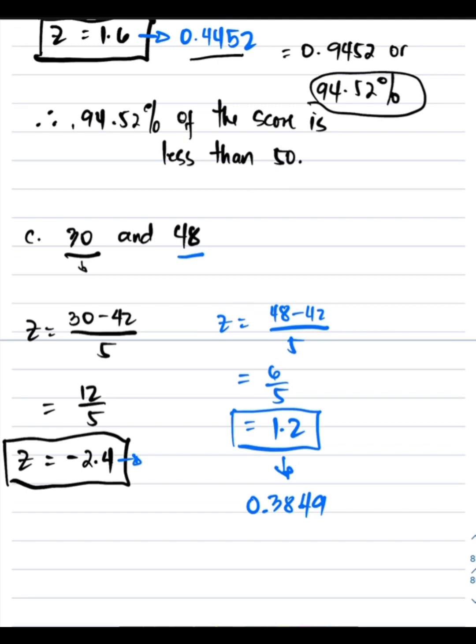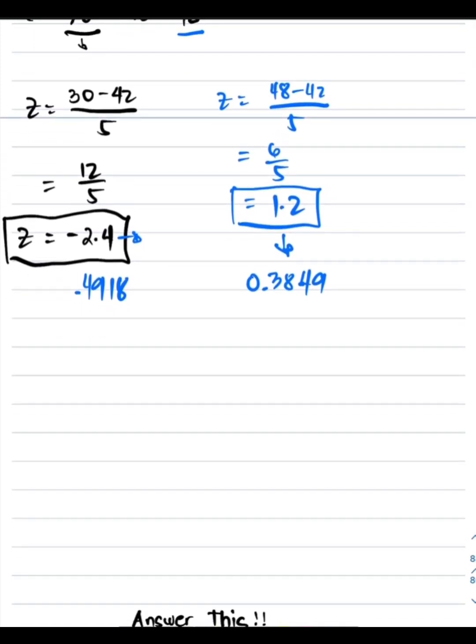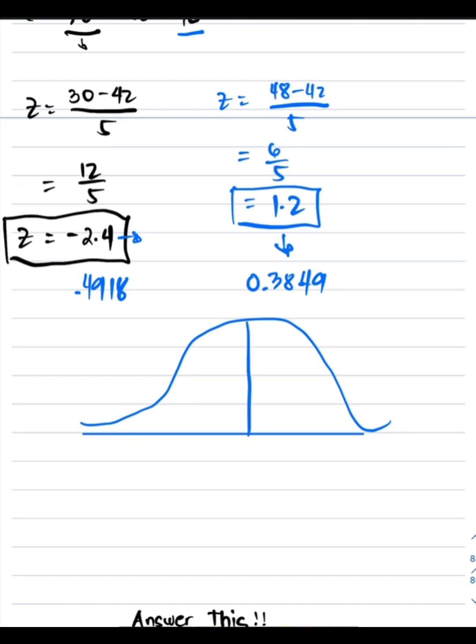Then, for negative 2.4, the area is 0.4918. When we sketch that, it looks like this. So first, that is negative 2.4 and 1.2.